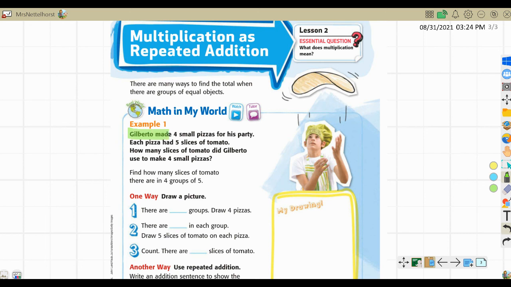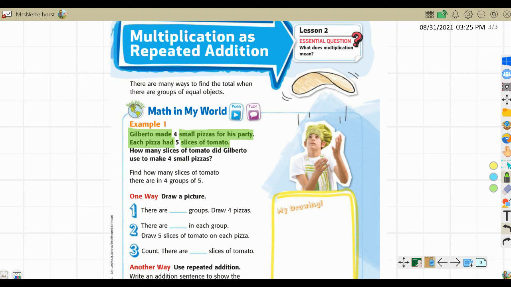So I'm going to highlight all my words, skip over the numbers, and leave the question alone for now. Now I'm just going to read the parts I highlighted in green, and say the word sum for the numbers. Gilberto made some small pizzas for his party. Each pizza had some slices of tomato.